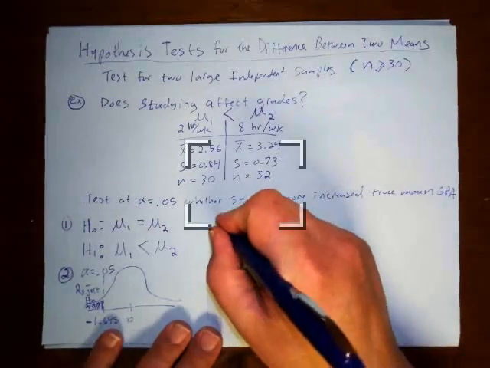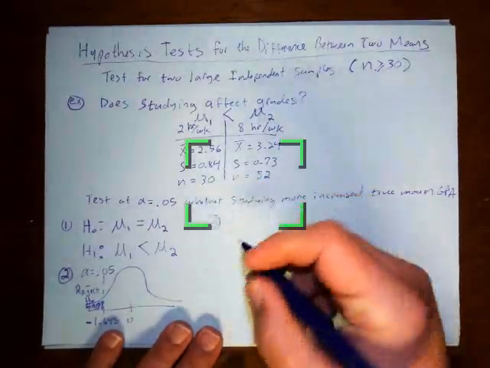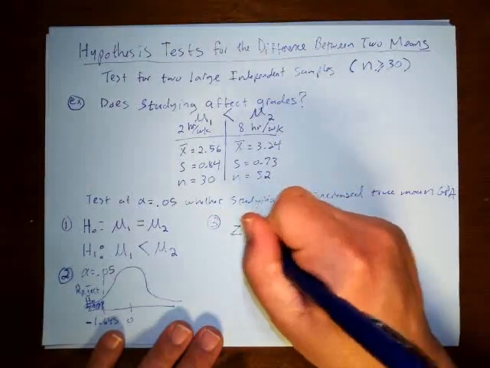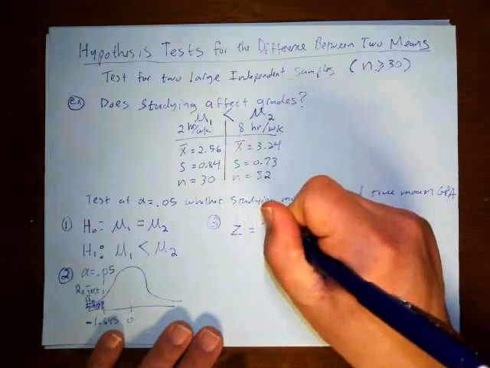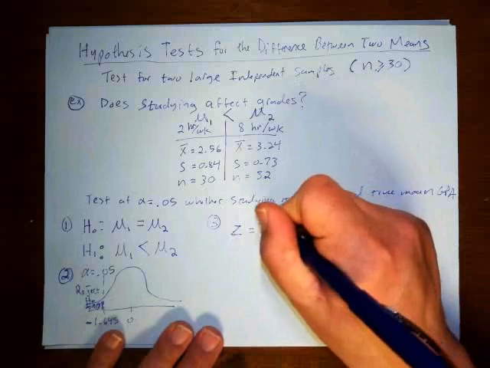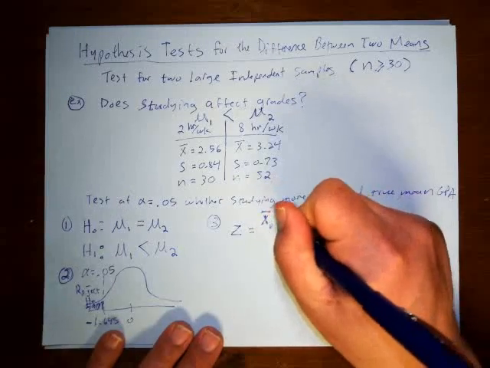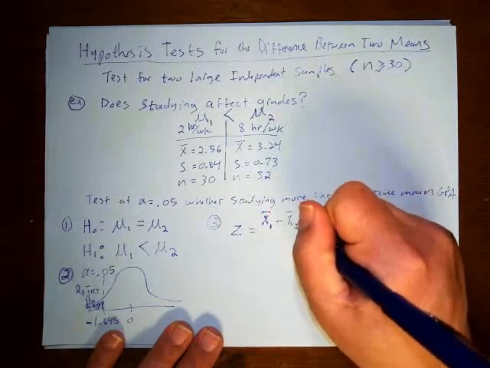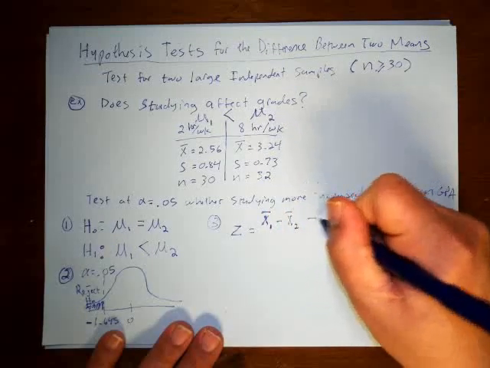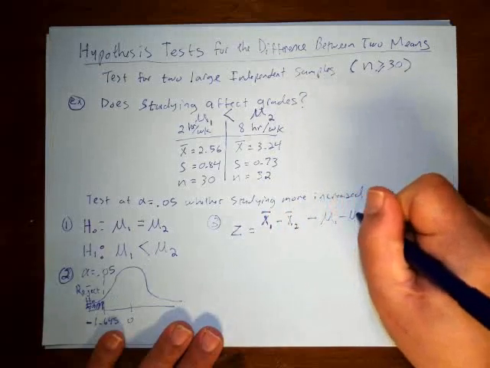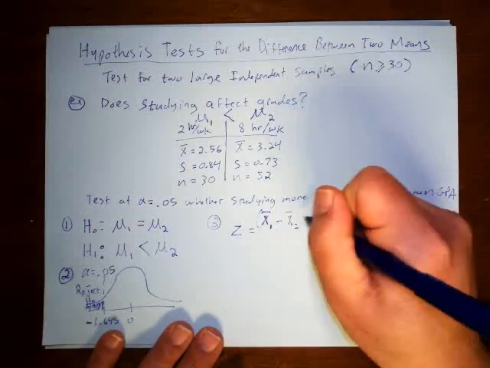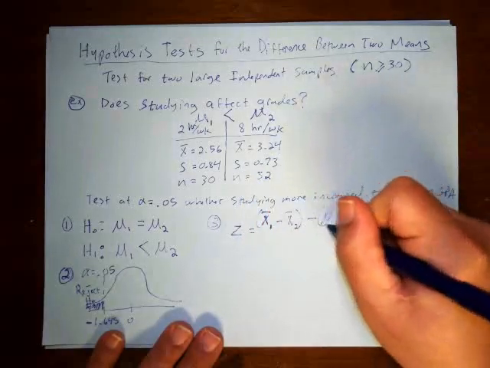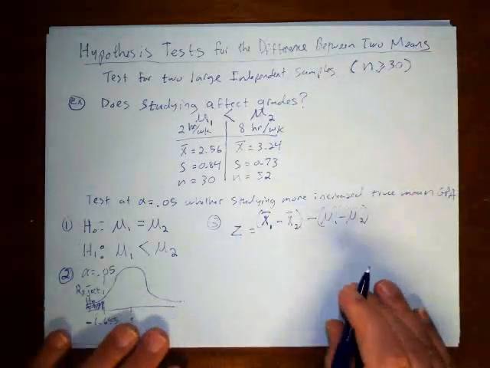So what is the test statistic? This is the main thing here that changes. So the test statistic, the formula for this is x bar 1 minus x bar 2 minus mu1 minus mu2. So this is like your sample difference, and this is the hypothesized difference.